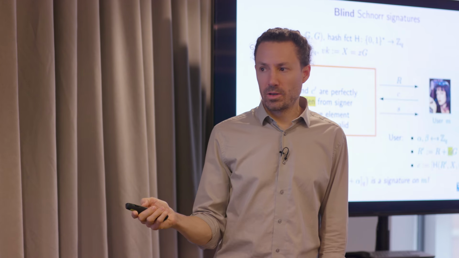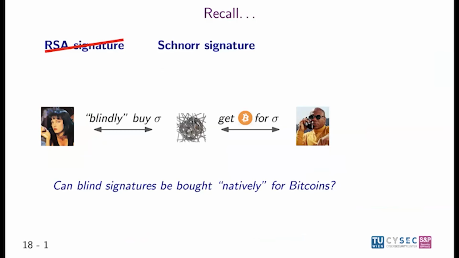Okay, good. If you zoom out and don't care about the details of Schnorr, let's get back to our cryptocurrency example. Our motivation was that Alice wants to blindly buy, in a fair way, a Schnorr signature. All you need to know about Schnorr is the verification equation.